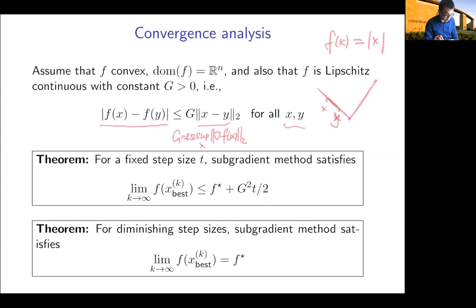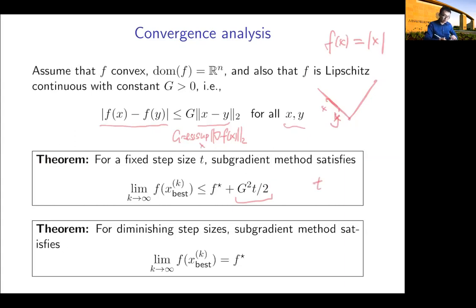Okay, so let's look at the two theorems on convergence. Suppose we choose the learning rate t to be a fixed step size. Then it can be shown that as k goes to infinity, you converge to something that's suboptimal, with a gap proportional to t.